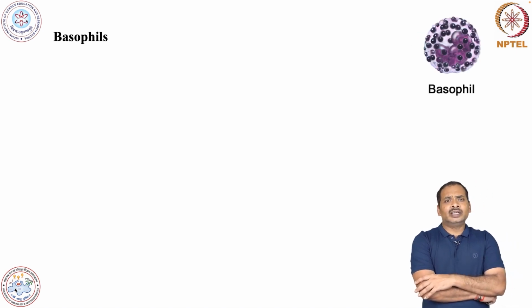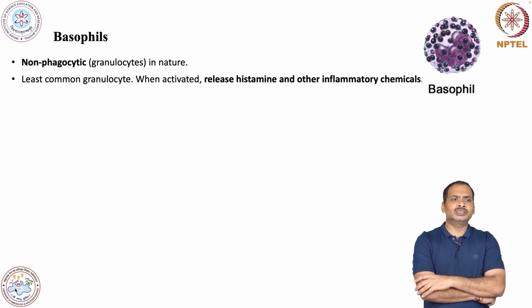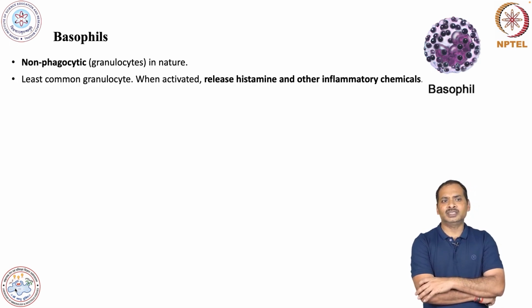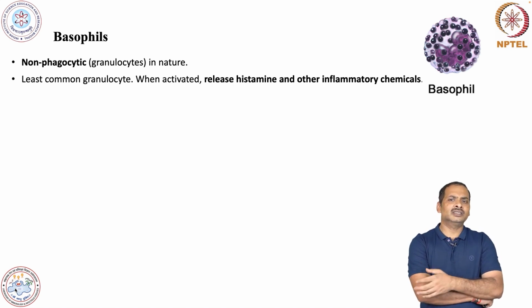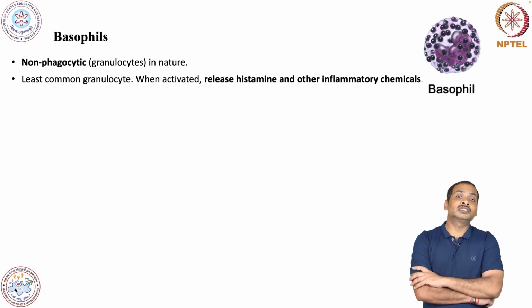So I have discussed the eosinophil. Now we will take the basophils. Basophils are also very important cells. They are absolutely non-phagocytic cells. They are granulocytes, and their number is also quite low. They also release histamine.